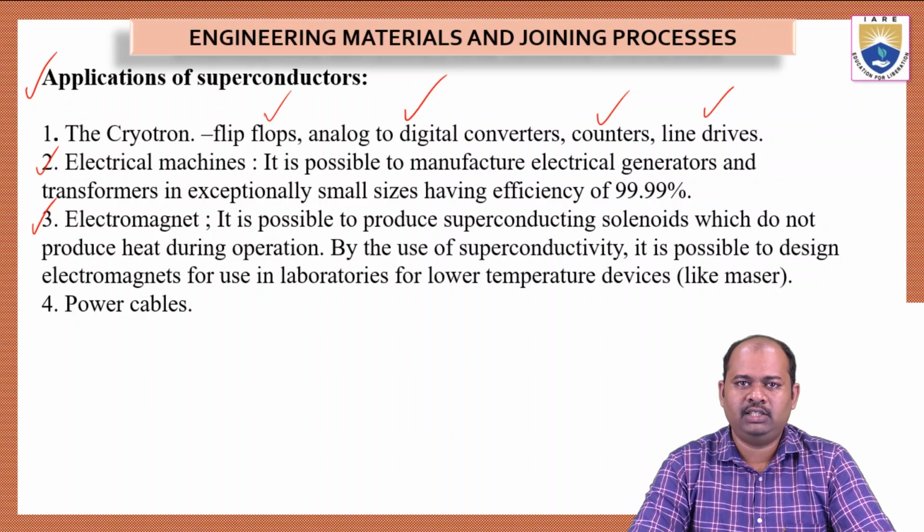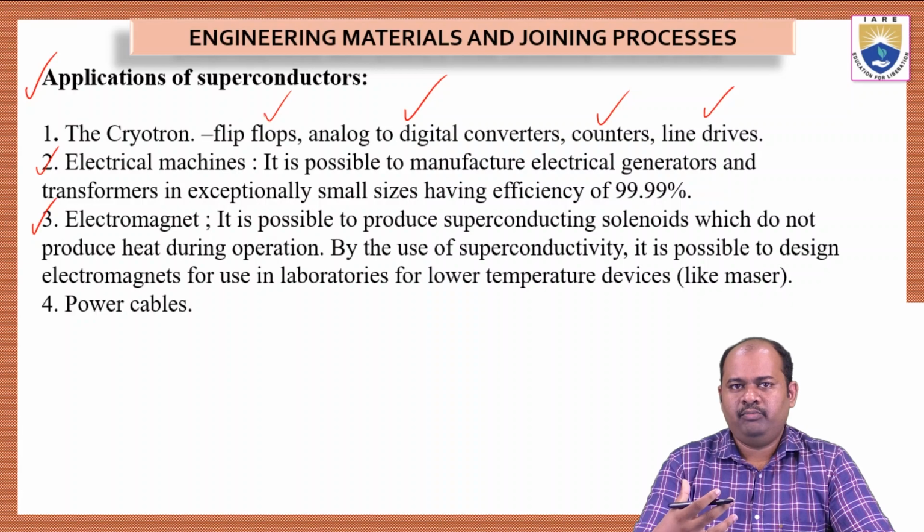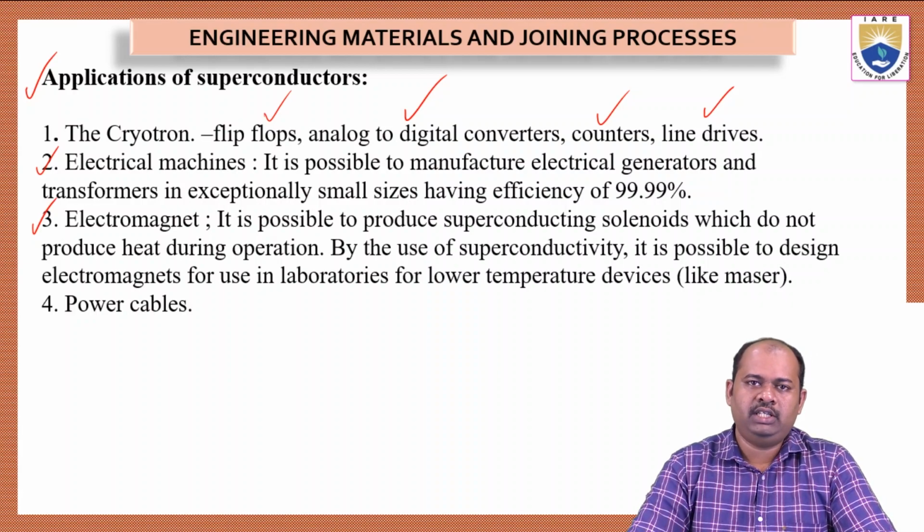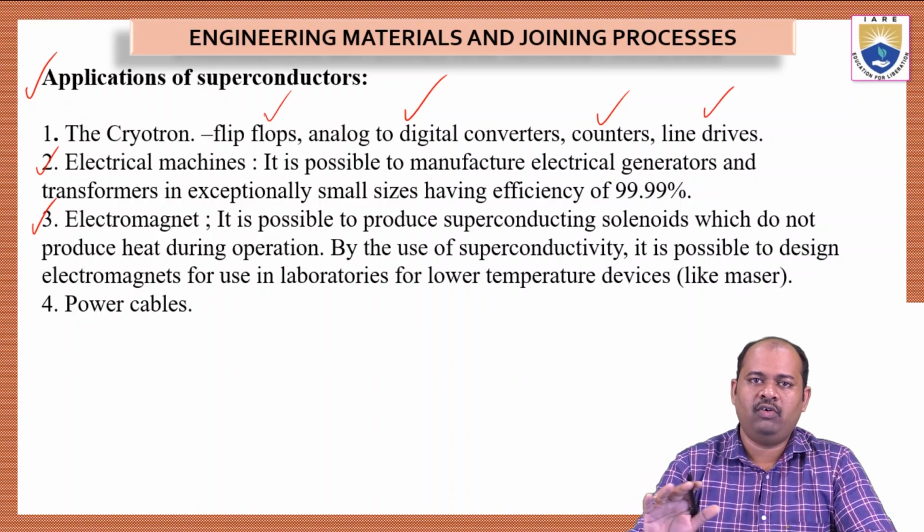So solenoid is an example of an electromagnetic object, where the only problem with the solenoid is that when electricity is made to flow through it, it will induce magnetism. At the same time, it will be heated due to the flow of current and magnetic induction. The solenoid will be heated. Why is it heated? Because of the resistance of the material. The material itself will have some level of resistance to the flow of electricity.